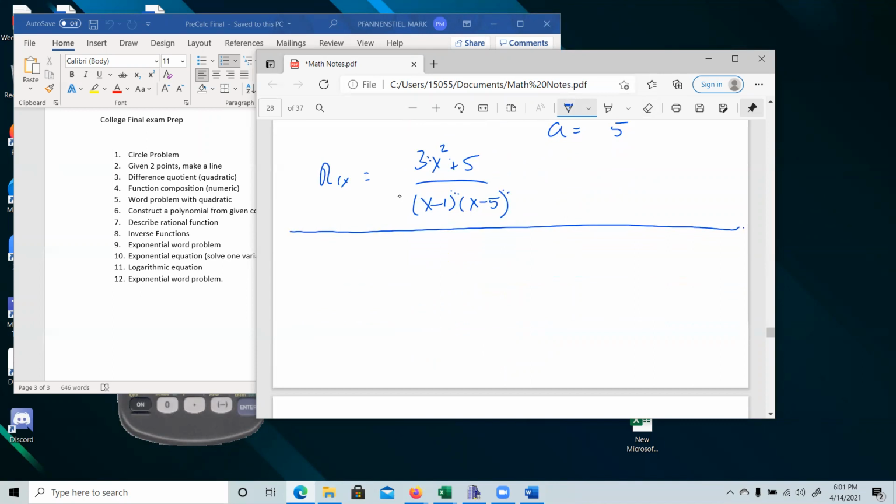They're a little bit easier though. So let's work on one that's a little bit more reasonable. So let's see, what do we have? A vertical asymptote at x equals, we'll say negative 3. Okay.